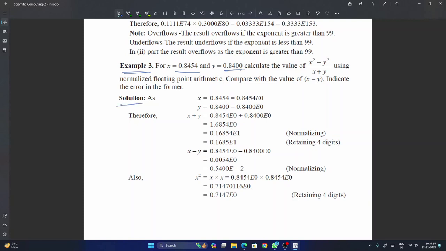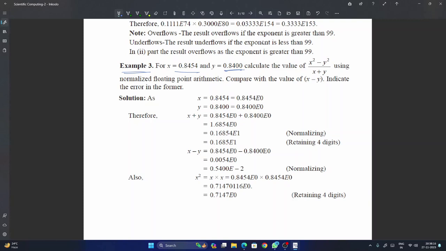So what is the solution? First you calculate x square, or you can calculate x plus y and x minus y also. So what is x plus y? Simply 0.8454 E0, and the other is also E0, both have no exponents.